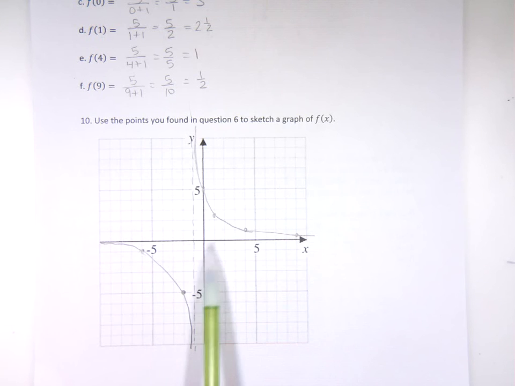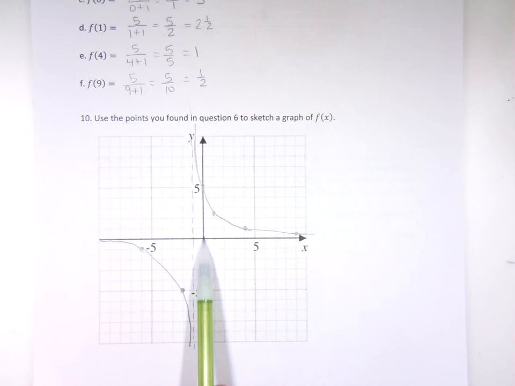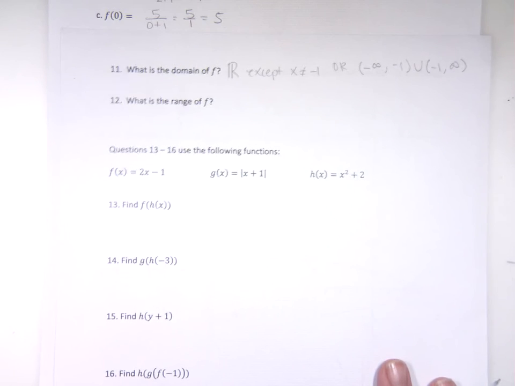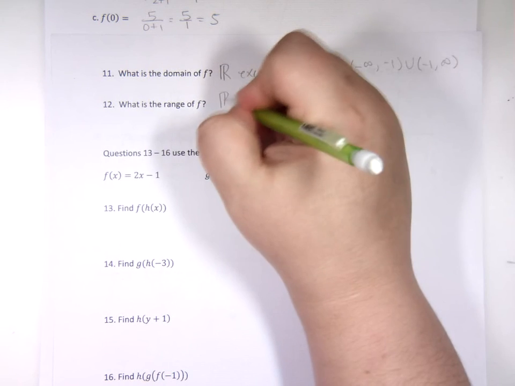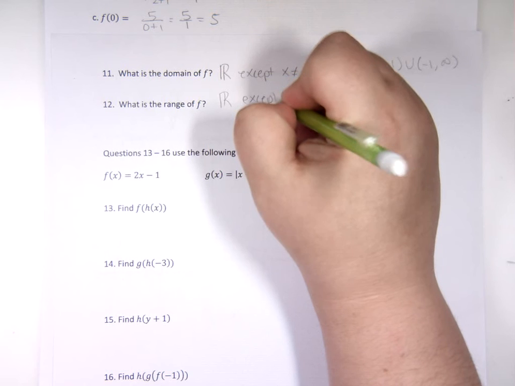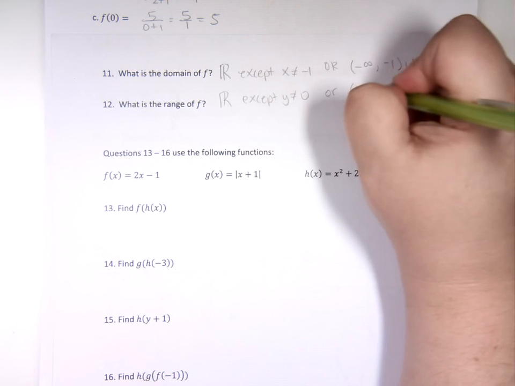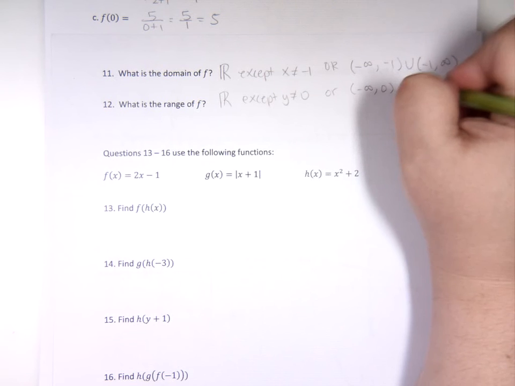So y equals 0 is a y value that doesn't exist for this function. So we could say that the range is all real numbers except y is not equal to 0, or we could say something like negative infinity to 0, union 0 to infinity.